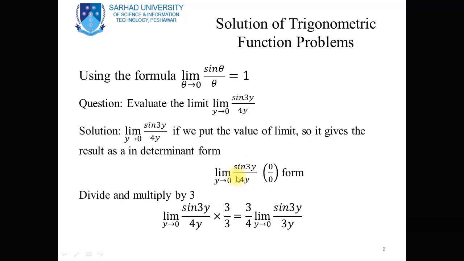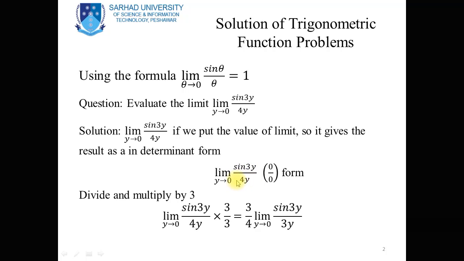So first of all, transform this function into the form of this theorem. For this theorem, you see over here the theta appears in the denominator. So theta is 3y, but in the denominator we obtain 4y, and theta already tends to 0. So we are going to try to make these two terms the same: sine 3y, and 3y will be in the denominator.